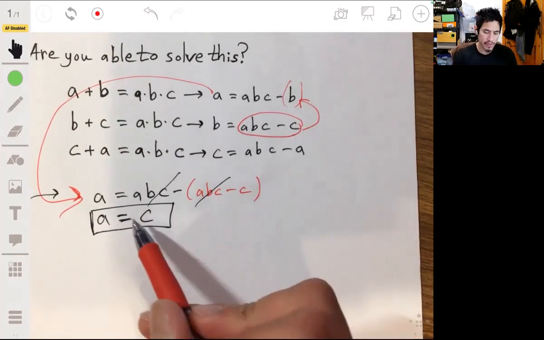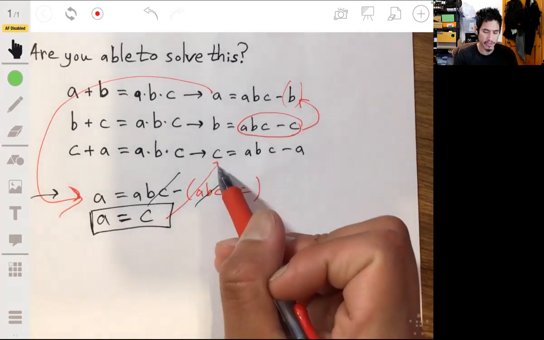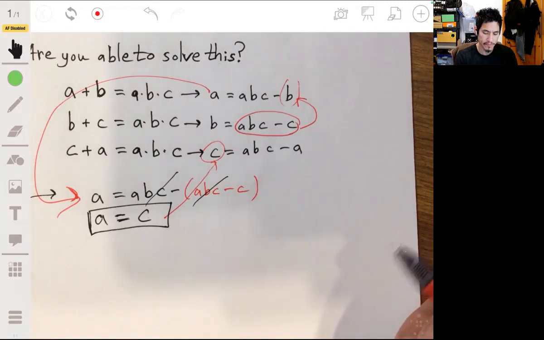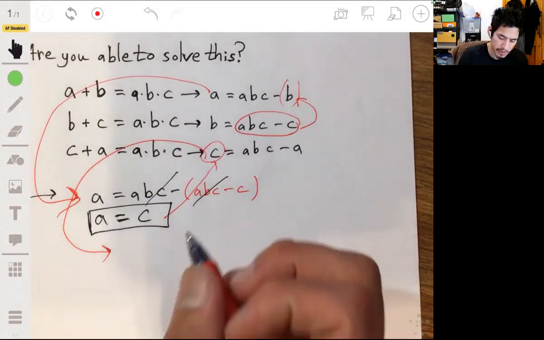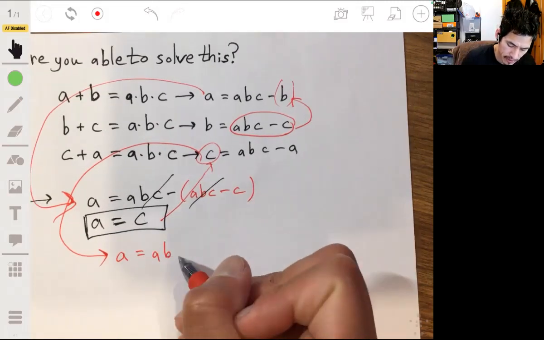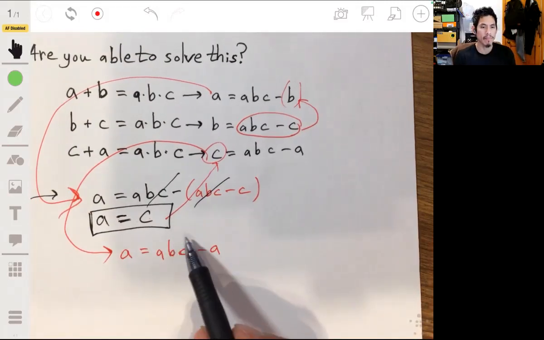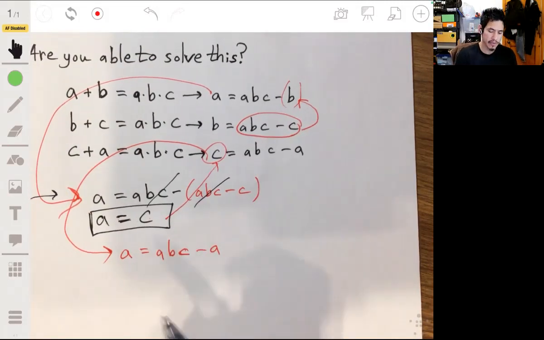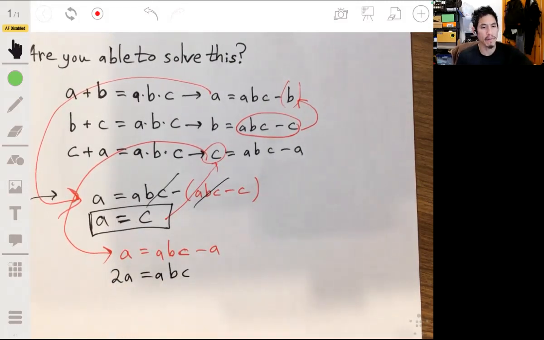So from there, let's put this equation for C or A, however you want to think about it, into this equation. So let's make this equal to A. So recycling then, we get that A is equal to ABC minus A. So adding A to both sides, we get 2A equals ABC.